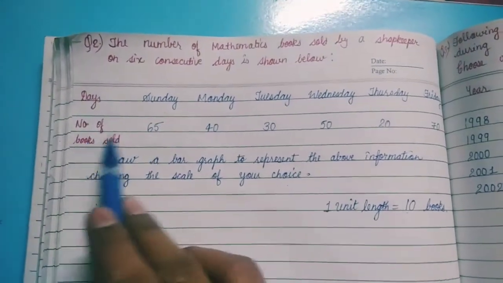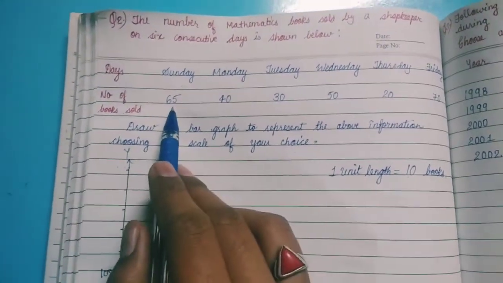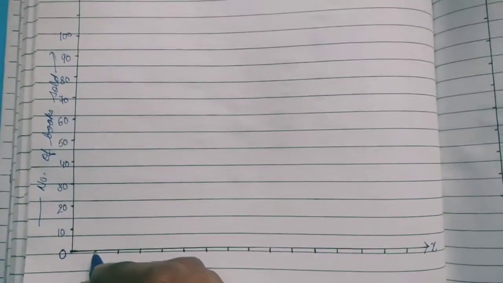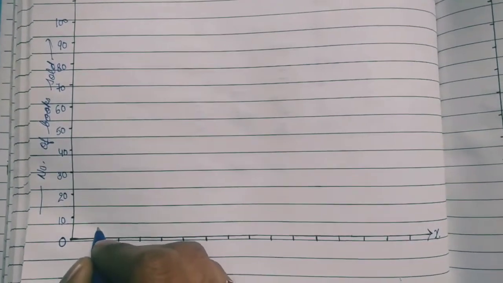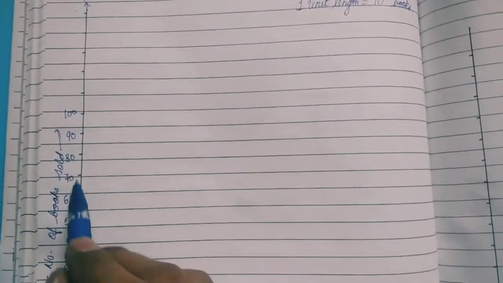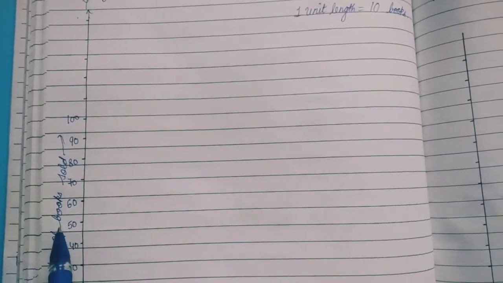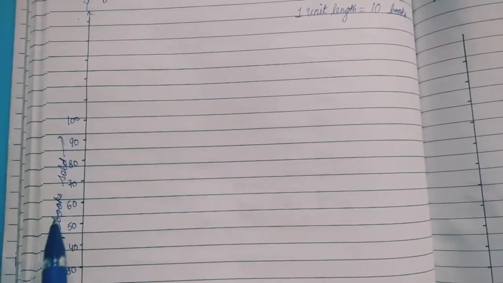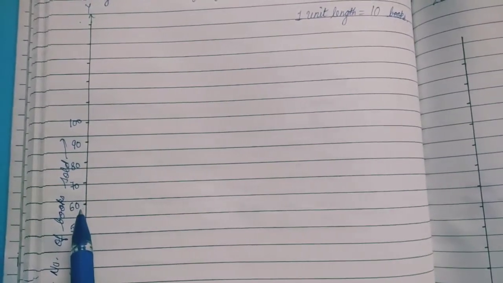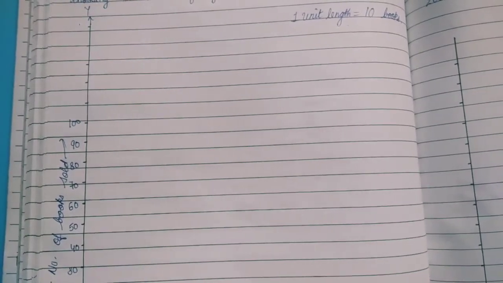We have the first day, which is Sunday, and on Sunday we sold 65 books. It means we need to draw one bar in front of 65. But here we don't have 65, we have 60 and we have 70. But we know 65 is exactly in the middle of 60 and 70.